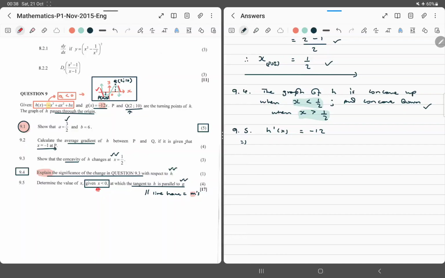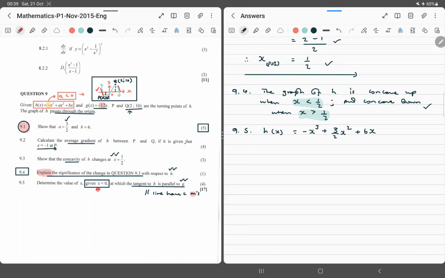Let's do ourselves a favor and write h before we state what we're stating, because without h of x, we're going to run into problems. This is minus x cubed plus 3 over 2 x squared plus 6x. That is h.